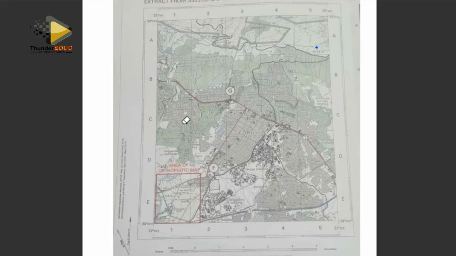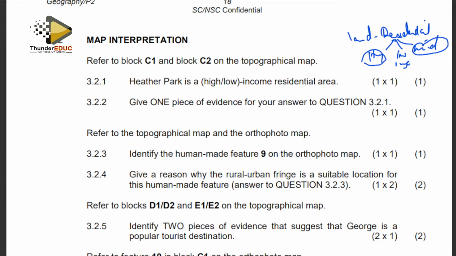You can see if this area covers from here to here, that is a block of land, meaning that this area will be having high income earners. So that is how I'm concluding to say Heather Park is high income earners.